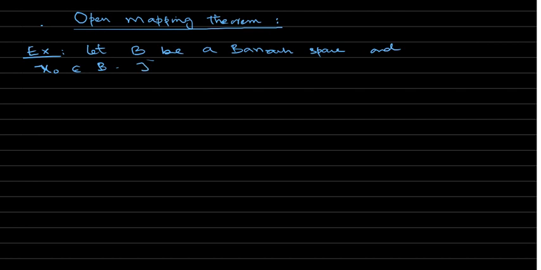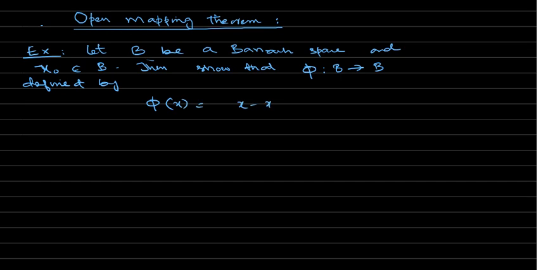Now show that this mapping phi from B to B defined by phi of x is equal to x minus x naught is a homeomorphism.